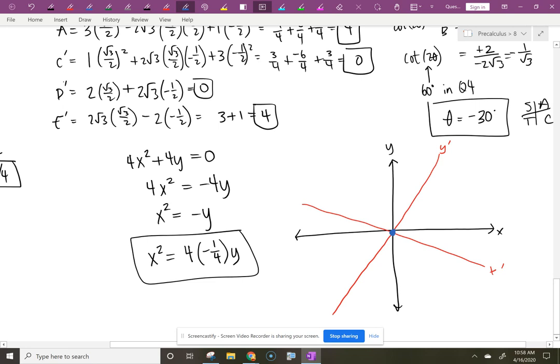And then in the y direction, I'm going to go down a fourth. So down a fourth, that's the focus. That means the directrix is up a fourth. That also means that at the focal width, it's 1 unit wide. So if this was 1 in each direction, it'd be right here and right here. And there is my attempt at a beautiful graph. All right, that's it. Stay happy.